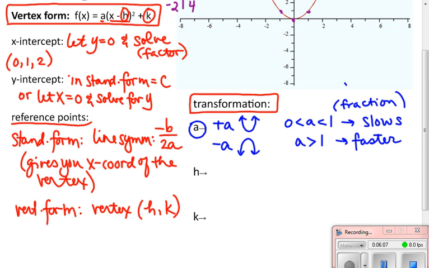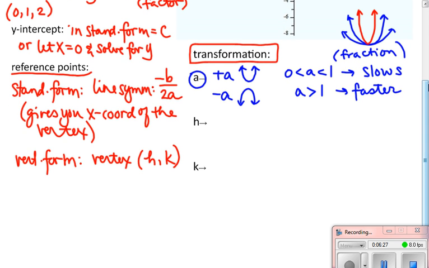So a slow growth might open up like this compared to the parent, which opens like this. Something that's multiplied by 3 might get very steep and open up very quickly, like that. So you know all of that from a.